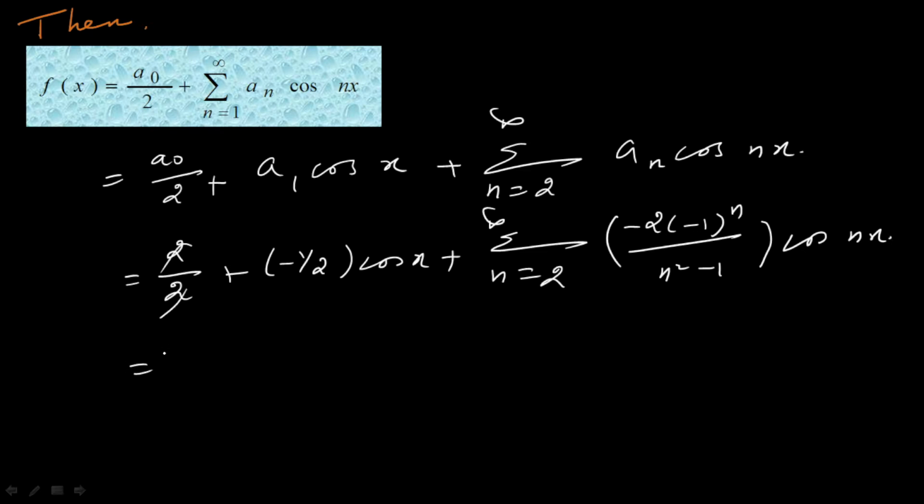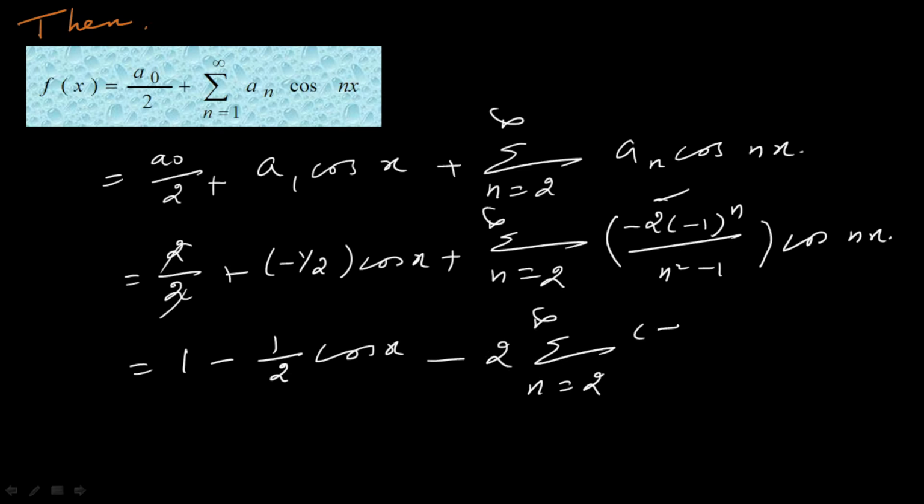2 and 2 being cancelled. The first term is 1 minus 1 by 2 cos x. Here minus 2 is a constant, so take it outside of the summation: minus 2 times sigma n is from 2 to infinity, minus 1 whole power n divided by n square minus 1, cos nx. So this is the Fourier series representation of the given function f of x.